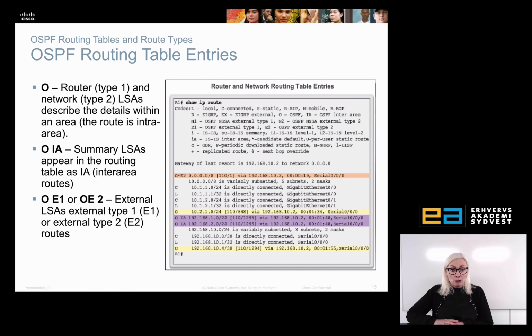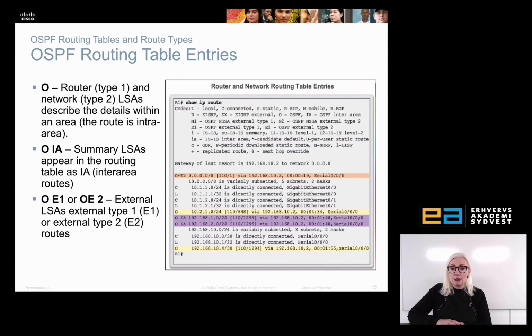And how can we see these different types in our routing table? We can see them by looking at the entries in the routing table and seeing what's in front of them, because a normal OSPF route will have an O in front of it, which means that it has been learned by OSPF.